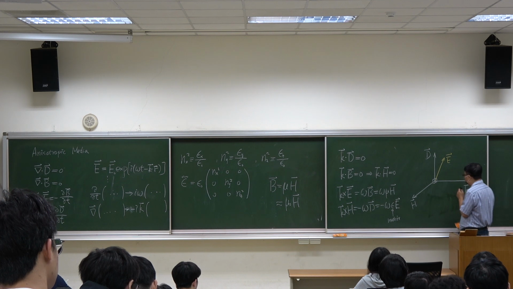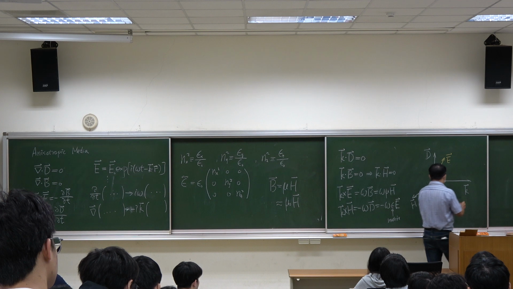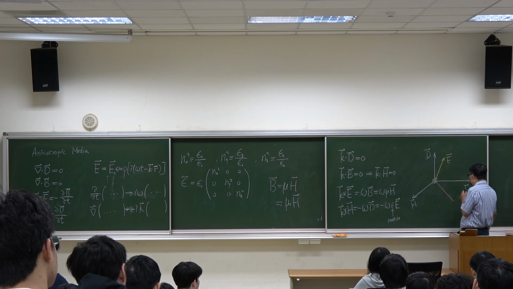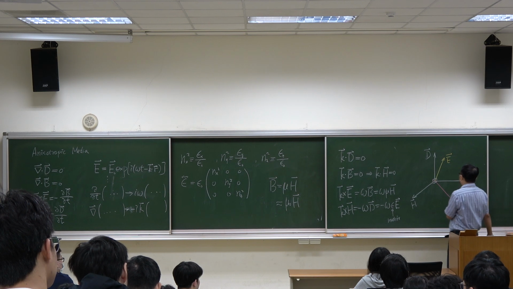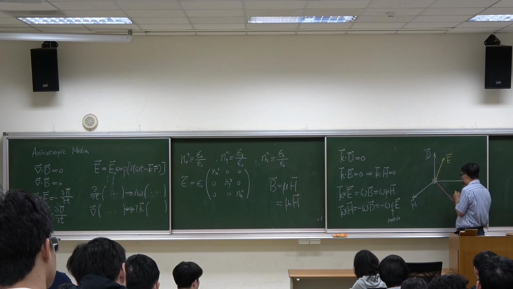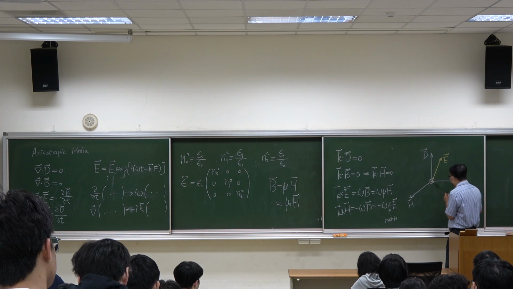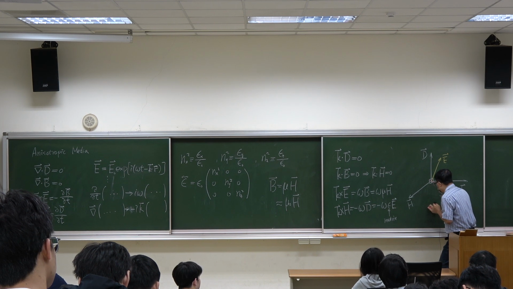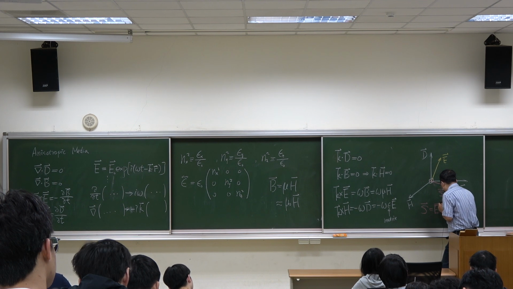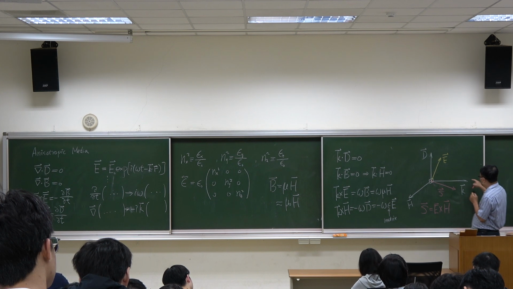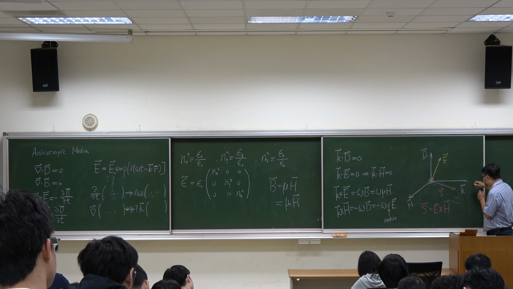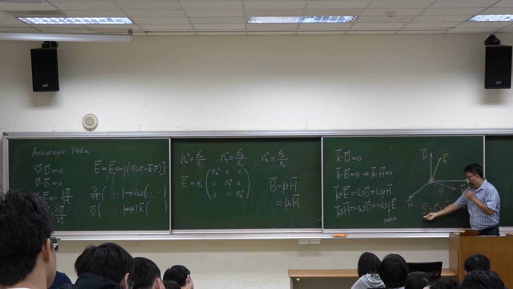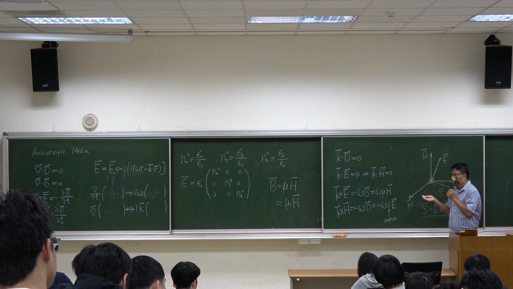The result is that when we consider the Poynting vector, the Poynting vector is E cross H. We have already learned that K is the propagation direction of the phase of the wave, and the Poynting vector is the propagation of energy.